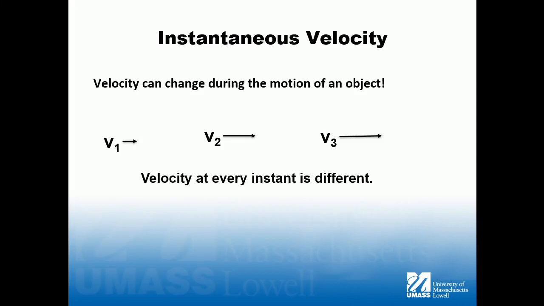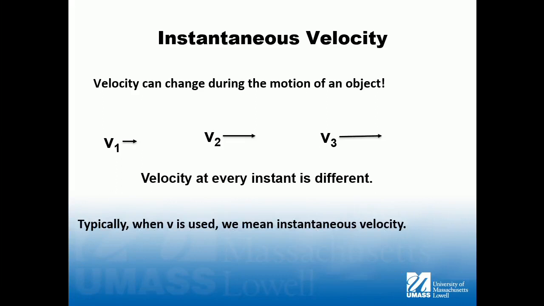It's like they accelerated during their motion, which of course is what I'm talking about, acceleration. When we typically say the word v, what we're talking about is the instantaneous velocity. It's how fast something is moving at a given instant in time.